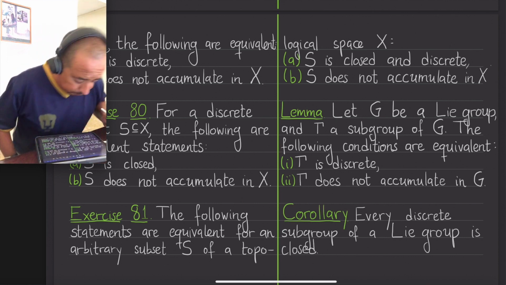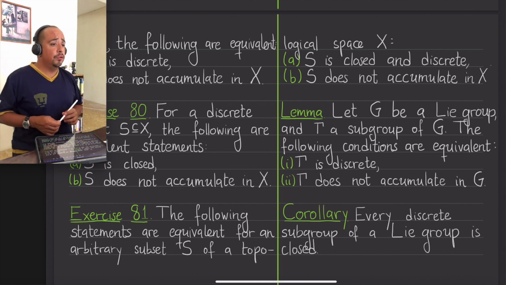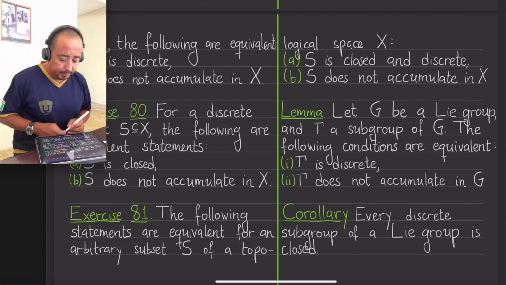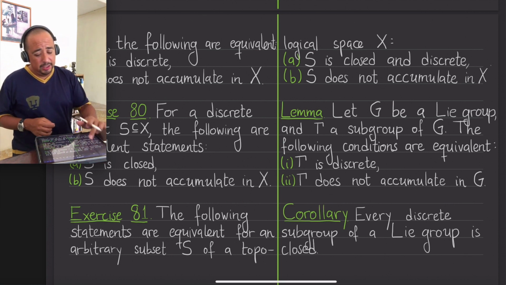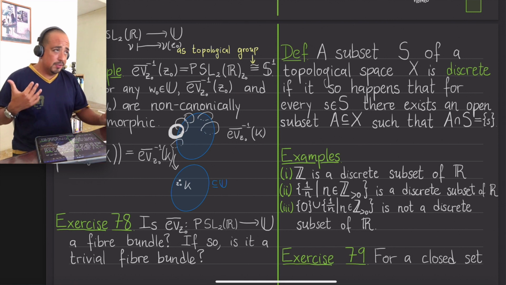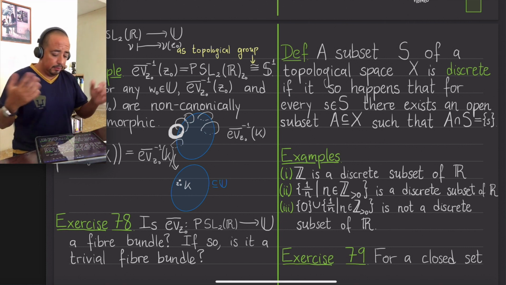Okay, now as I said, we are going to introduce the Fuchsian groups as the discrete subgroups of SL2R or PSL2R. We see that if a subset is not closed, then being discrete doesn't prevent it from accumulating in the total space.